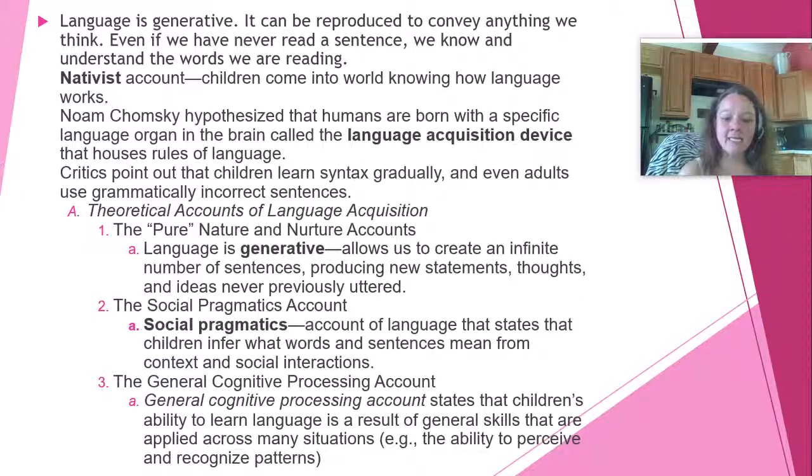Basically, it's our abilities to perceive and recognize patterns in nature. That is something that seems like an innate thing in us. And just by being able to recognize those patterns and perceive the world around us, those skills then get translated into language.